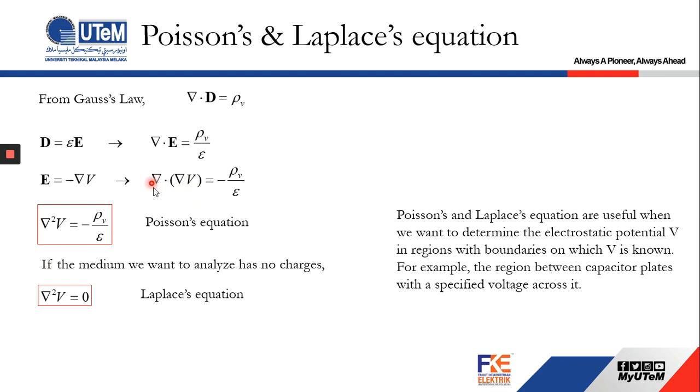So del dot del V, if you look at the definition, is equal to del squared V, which is the Laplacian operator. In essence, Poisson's equation states that the Laplacian of an electric scalar potential V is equal to the negative volume charge density divided by the electrical permittivity.